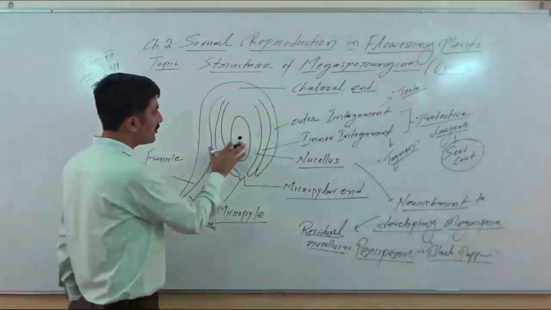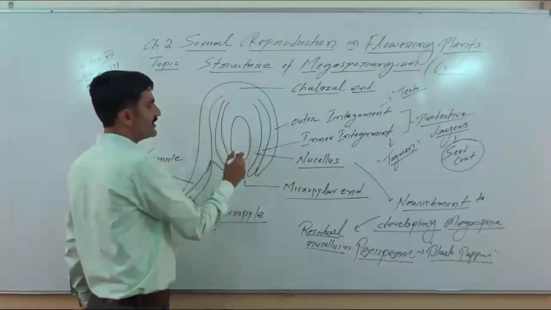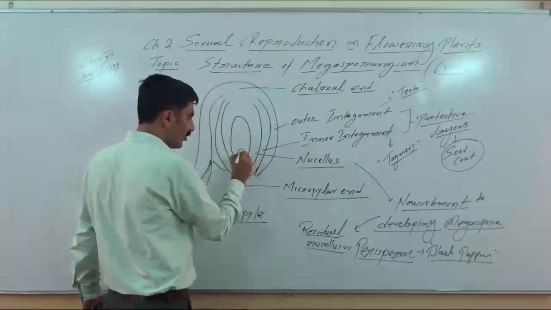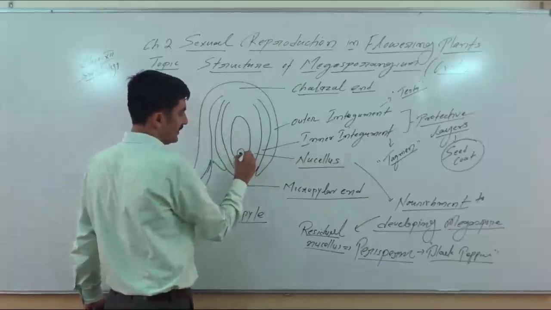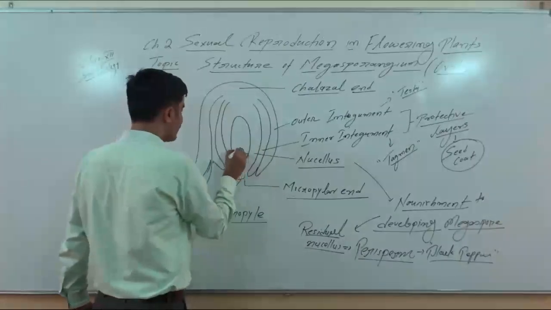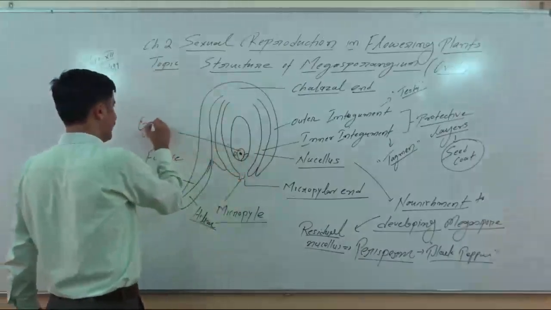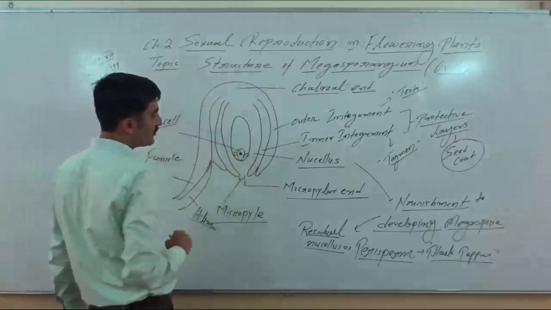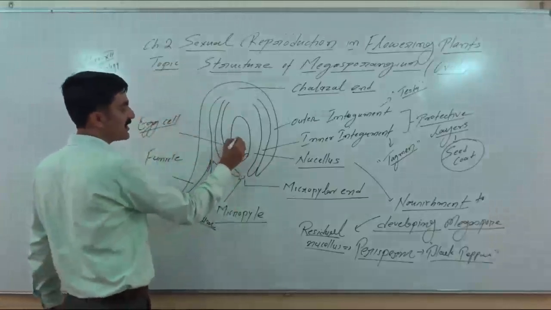When we talk about the mature embryo sac, always remember there is an egg cell always present toward the micropylar end. This is a very important point in the anatropous ovule. Egg cell is always present toward the micropylar end, and the other cells are called synergids.